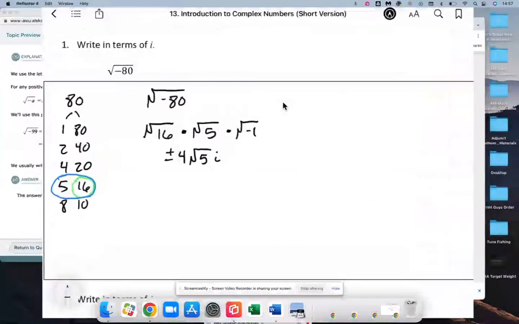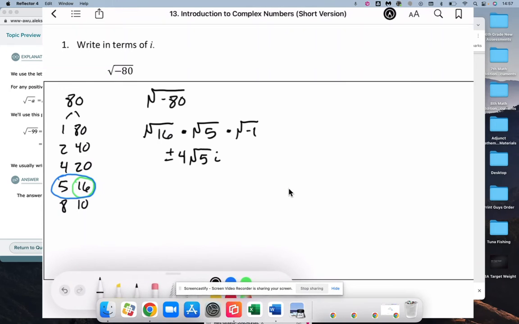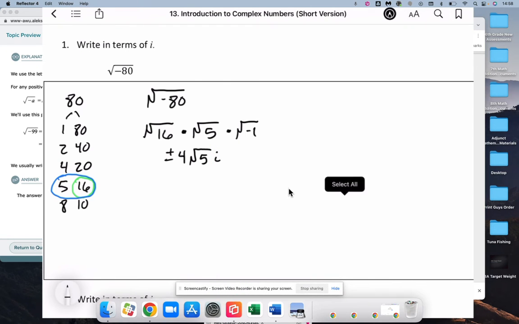Okay, I was just checking how Alex is going to prefer to have these written. It looks like Alex is actually going to want the I in front of the square root symbol. Recognize that in what I've done here, the I is outside of that square root symbol. It is not attached to that 5. But what Alex is going to want is for you to put positive or negative I square root of 5.